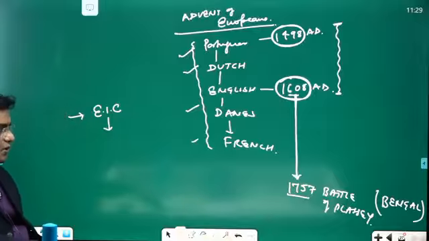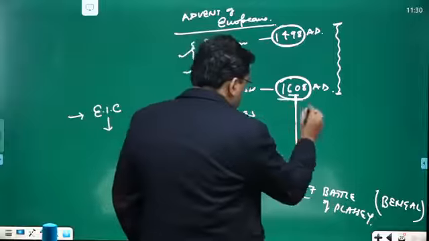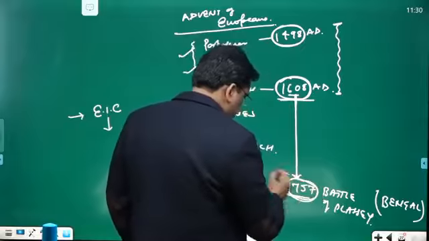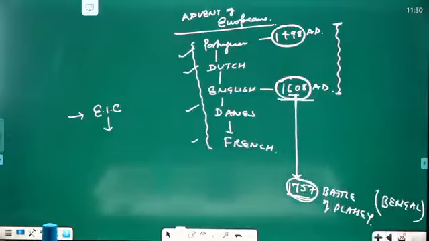We will imagine the circumstances of India that persuaded the company to aspire for political power. So 1608 to 1757, Battle of Plassey.